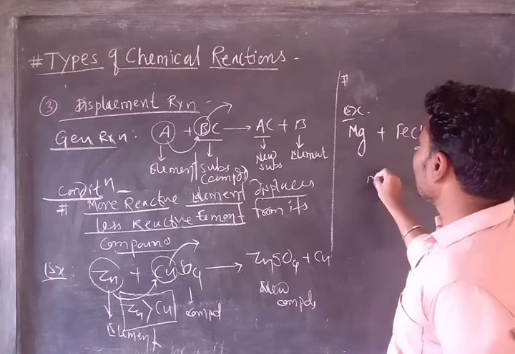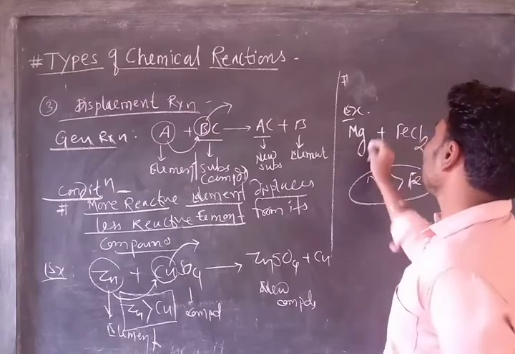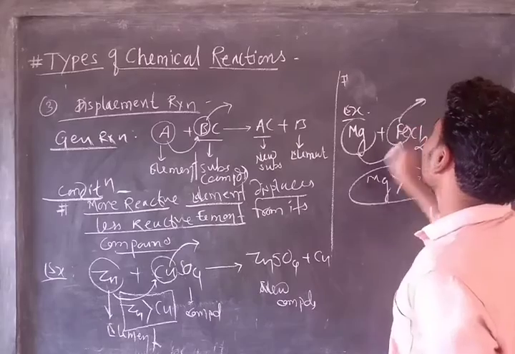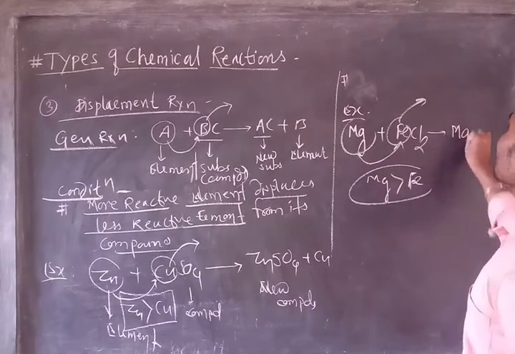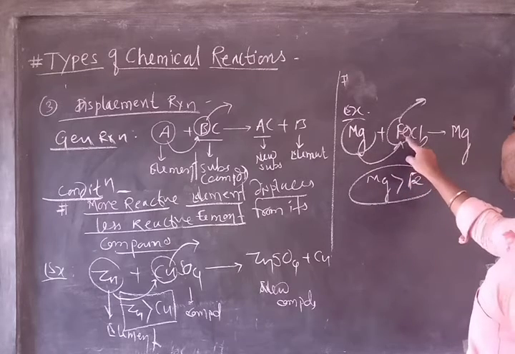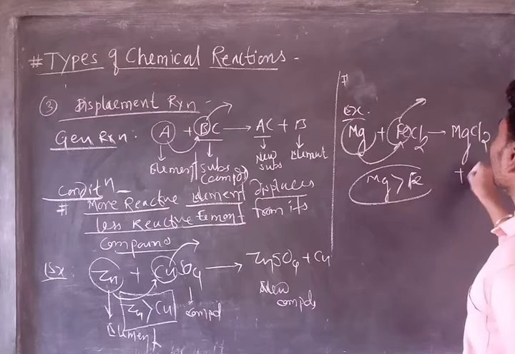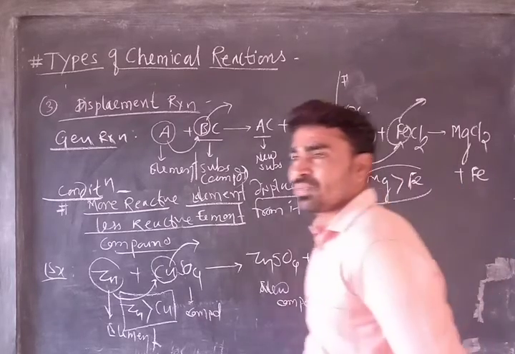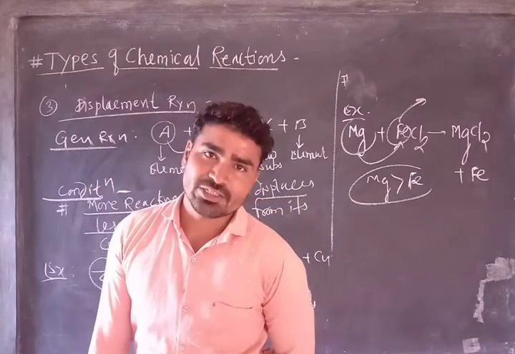You should know that Mg is more reactive than Fe, so Mg can kick Fe, and Fe will get removed from its position. So what will be formed? Mg will come in the position of Fe, and Cl2 will remain as it is, and we get Fe as the free element. So these two examples nicely explain displacement reactions.